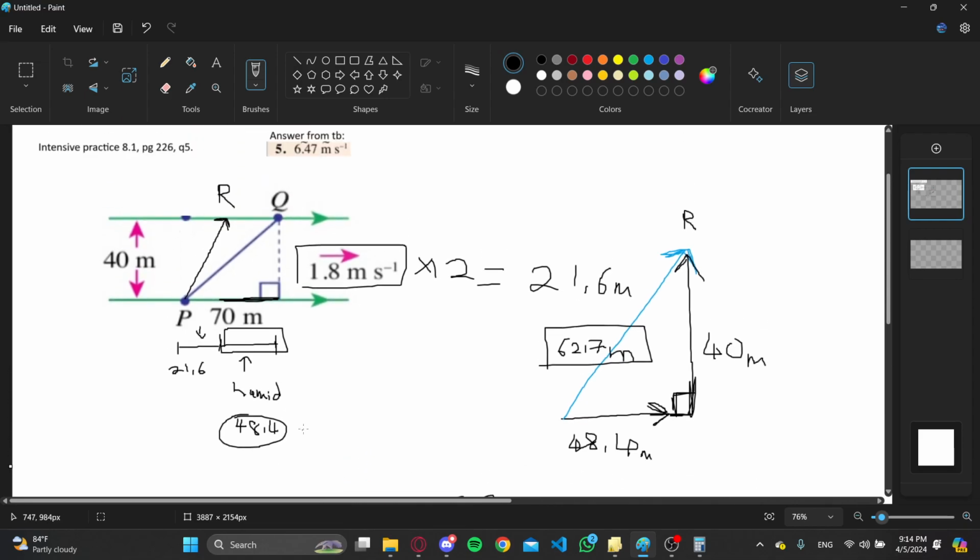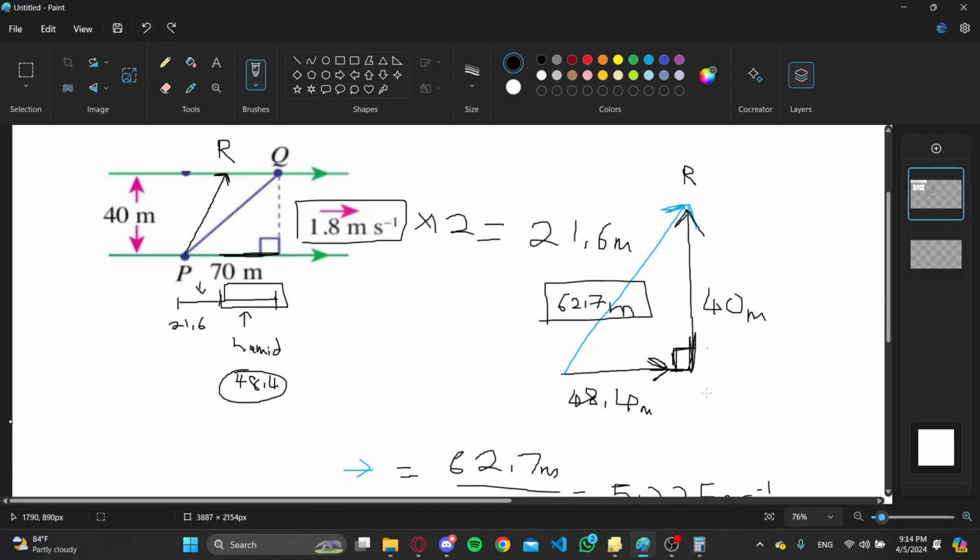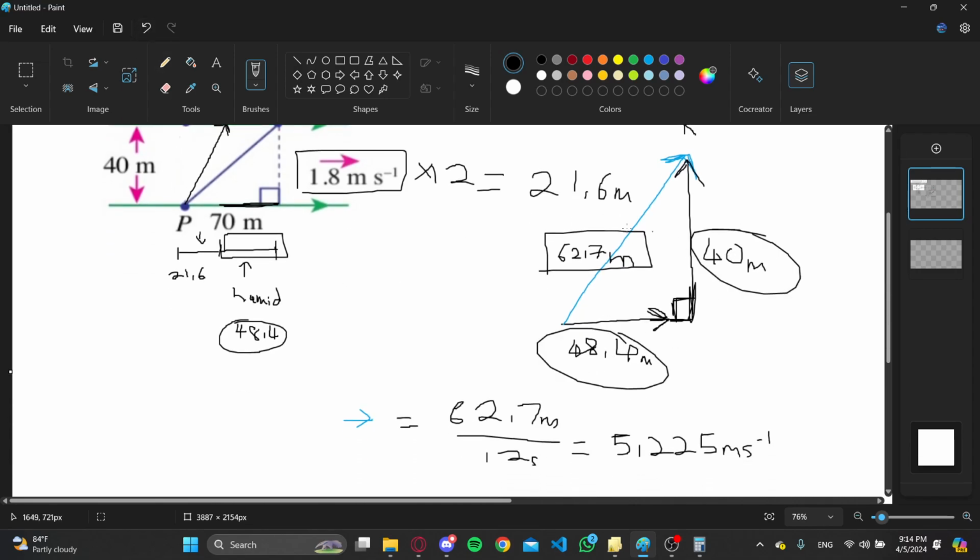But then he needs to get to the other side of the river, like here, and that's 40 meters. So this is the amount that his boat has traveled. His boat traveled 48.4 meters to the right and then 40 meters upwards.